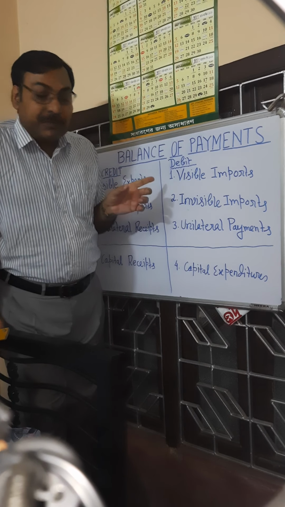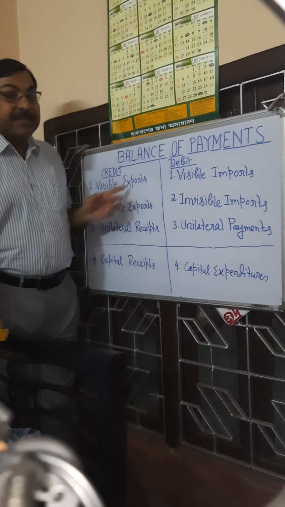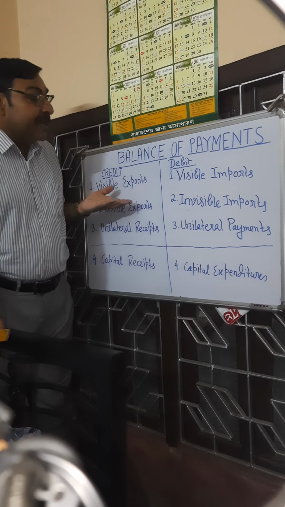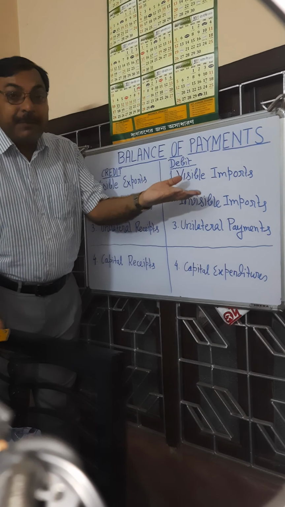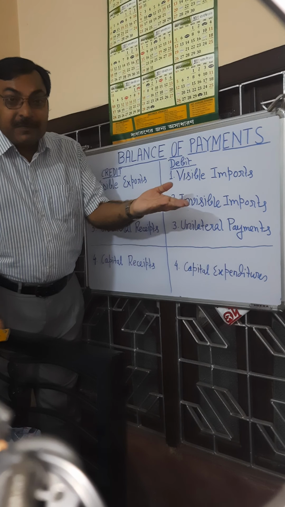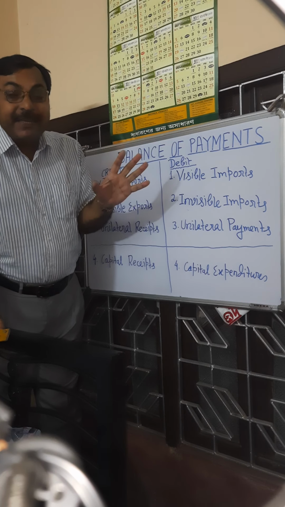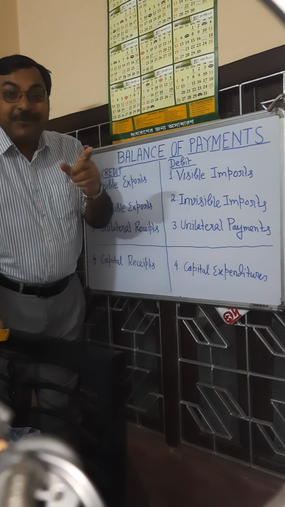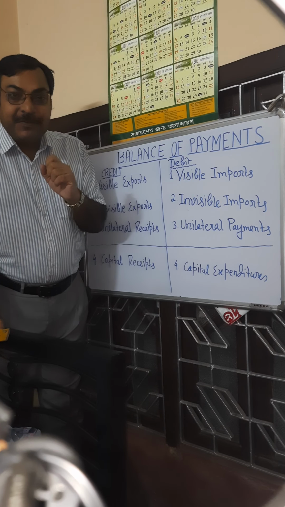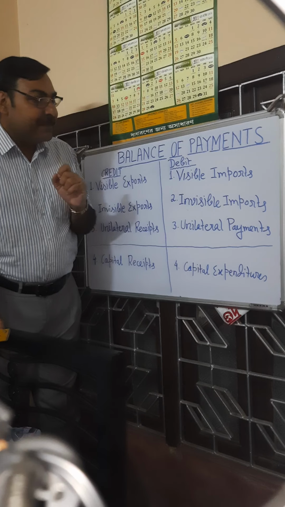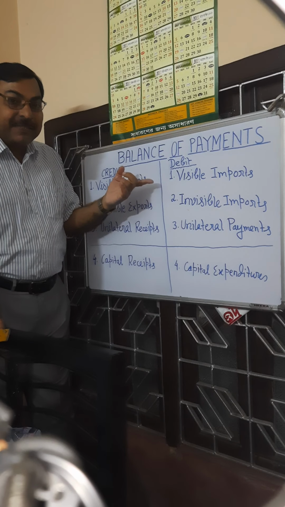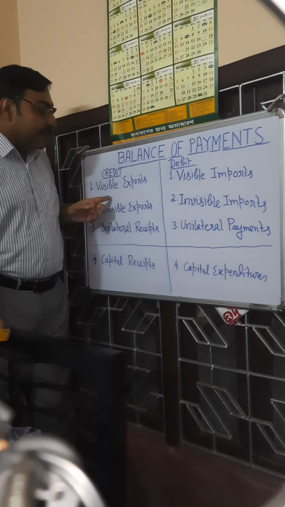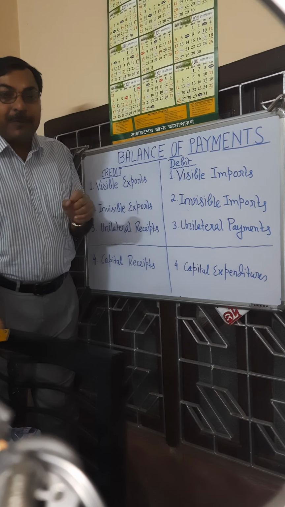This record, the item number one on both sides, this record of the balance of visible exports and visible imports in one accounting year is called balance of trade. So always keep in mind, balance of trade considers only visible items, visible exports and visible imports.